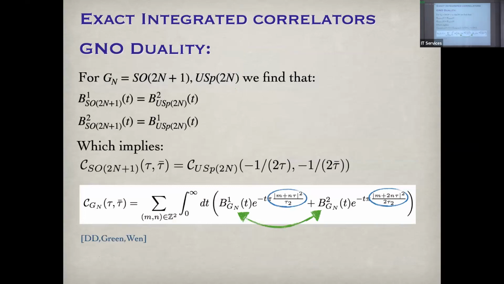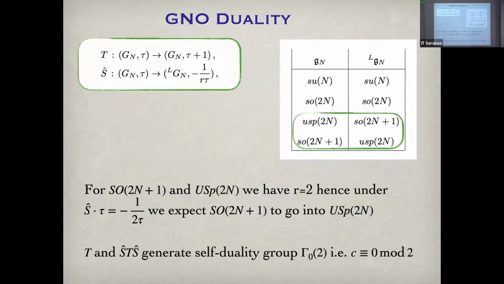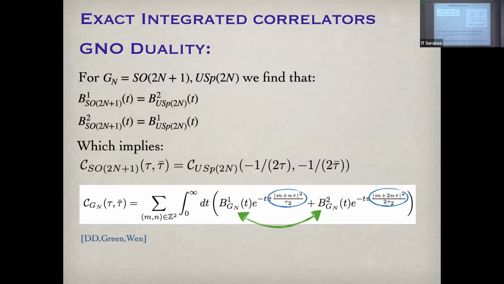And in fact, this is what happens. For the SO odd and USP, we found that these two rational functions are related. B1 of SO odd is B2 of USP, and B2 of SO odd is B1 of USP. So under this transformation in which I send USP to SO, these two terms flip.